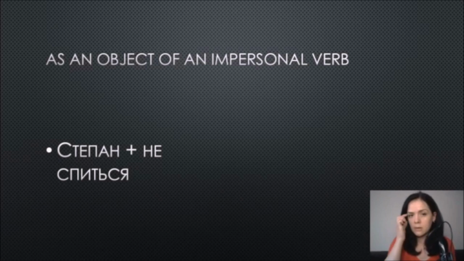I will just tell you that these are verbs like спиться, хочеться, бігається, читається, etc. Працюється. For instance, Степан and не спиться. It will mean something like Stepan cannot sleep. Stepan doesn't feel like sleeping. But only if we put Stepan in dative case will this word combination make sense. So I'm giving you a moment to do that.